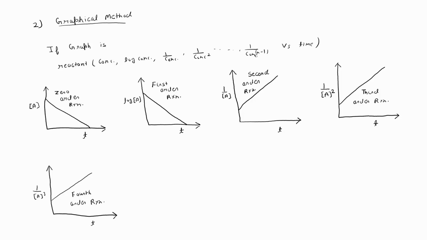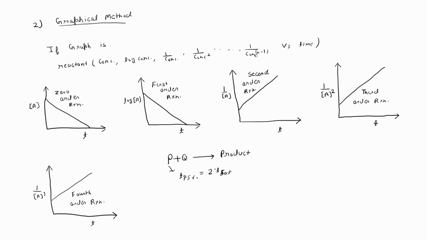There was one question in JEE Mains. The question is like P plus Q gives a product, and it is written for P that T 75% of P is equal to 2 times T 50%.